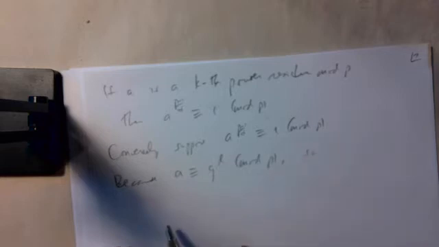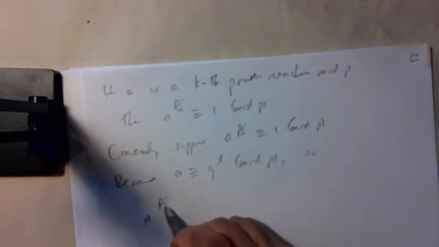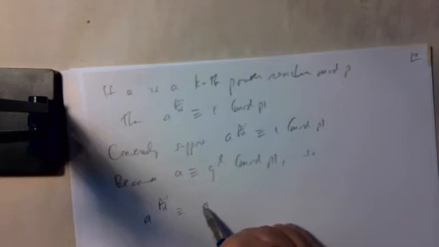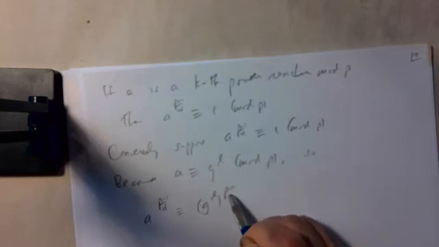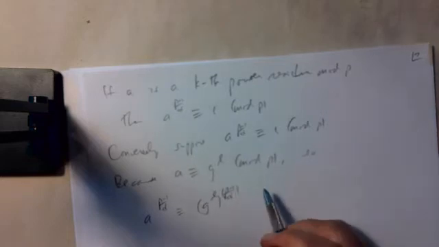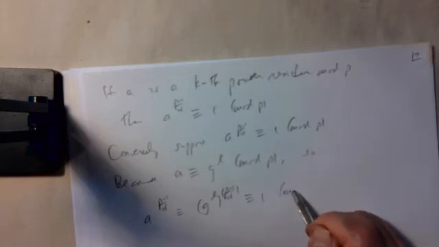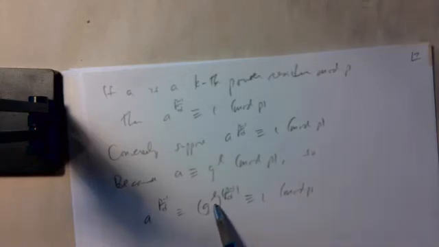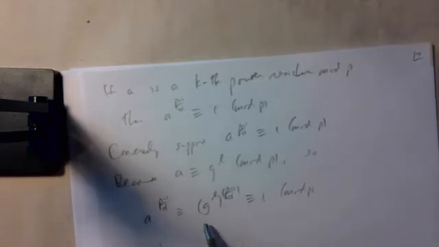So a to the p minus 1 over d is congruent to g to the L to the p minus 1 over d, which is congruent to 1 mod p. But the smallest power of g that's 1 mod p is p minus 1. So L times p minus 1 over d, which is an integer, has to be congruent to 0 modulo p minus 1.